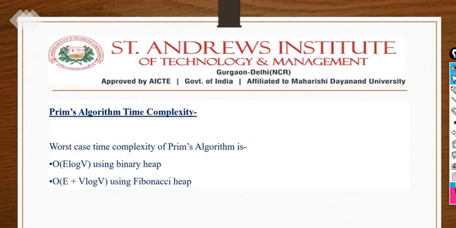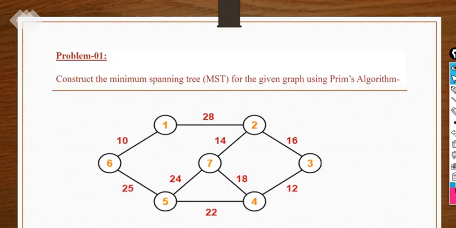Before discussing the time complexity of Prim's algorithm, we are discussing a problem in order to find the minimum spanning tree. This is a question that is given to you. In your exam, the question could be directly like this: there is a graph and you have to find the minimum cost spanning tree with the help of Prim's algorithm or Kruskal's algorithm.